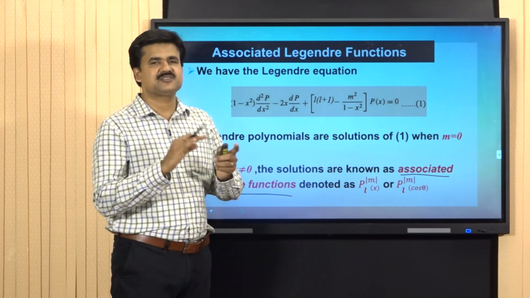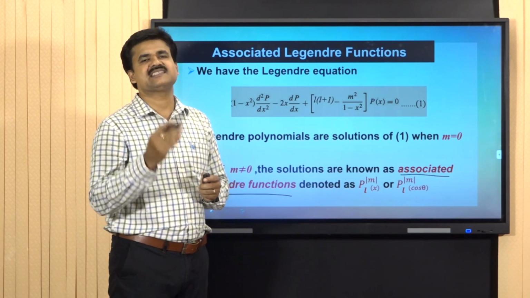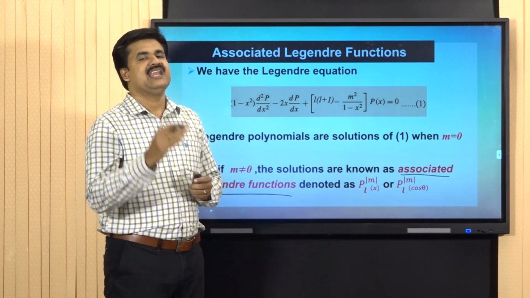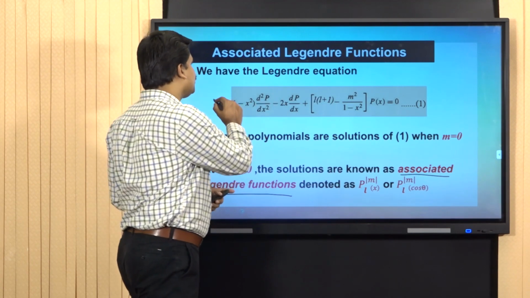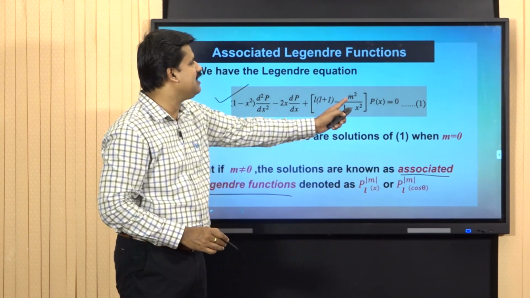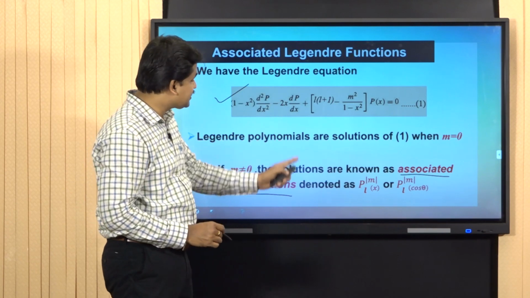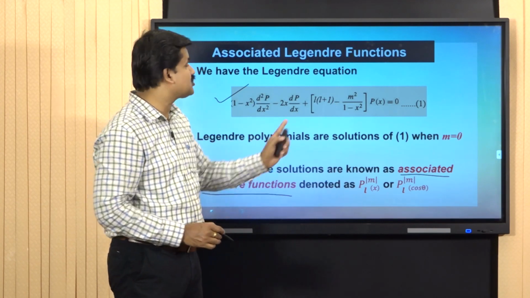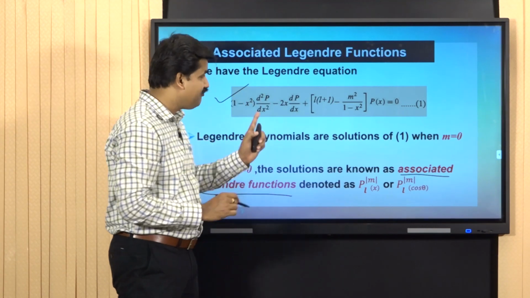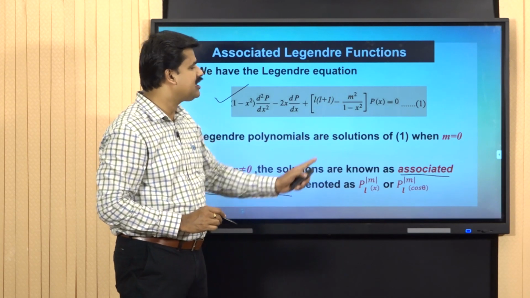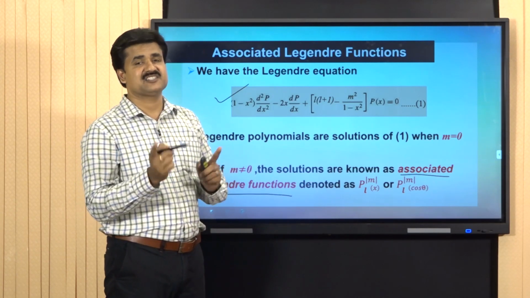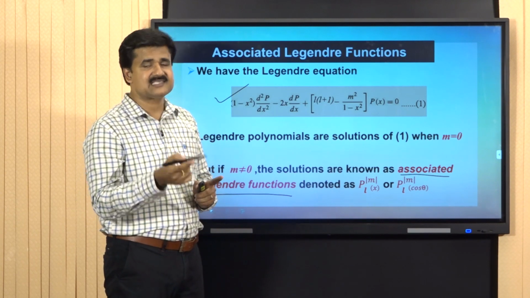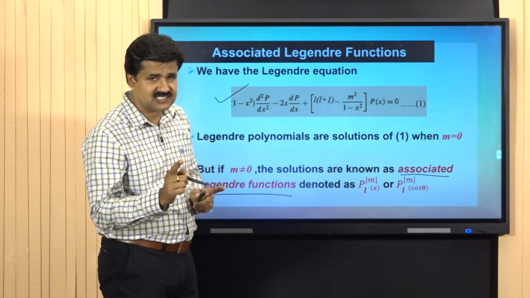So, what is the difference between Legendre polynomials and associated Legendre functions? Legendre polynomials are solutions to this Legendre equation when m is equal to 0. Associated Legendre functions are solutions to this equation when m is not equal to 0. That's the difference.